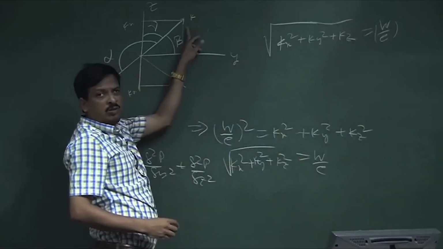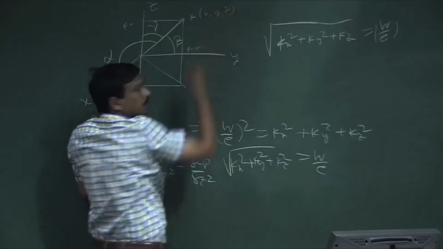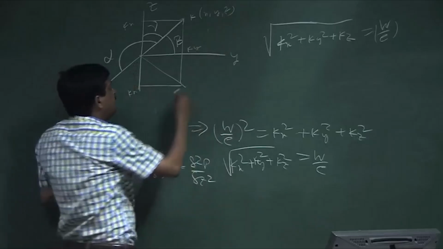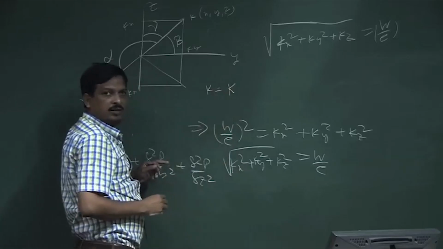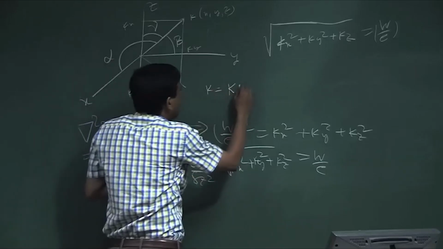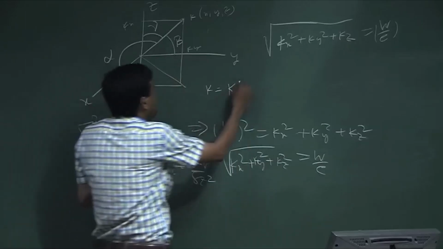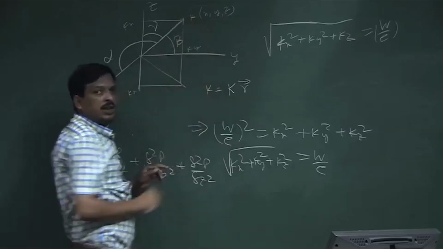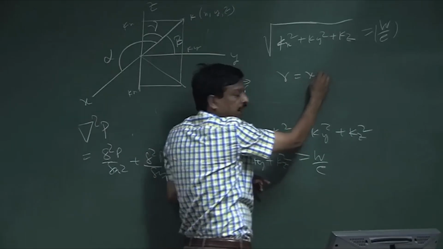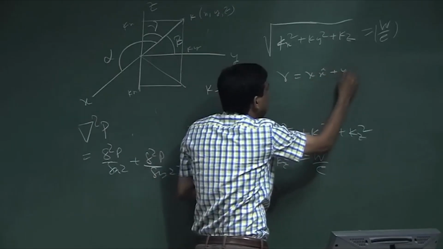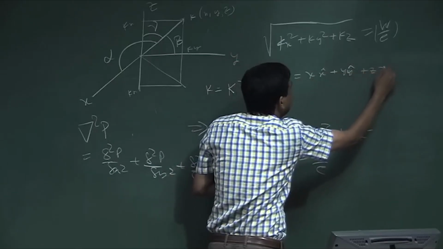It has an amplitude and has a position x, y, z. So I can write the point k as an amplitude k and a position vector r. r is the position vector. So r has an x position in the x direction, a y position in the y direction, and a z position in the z direction.